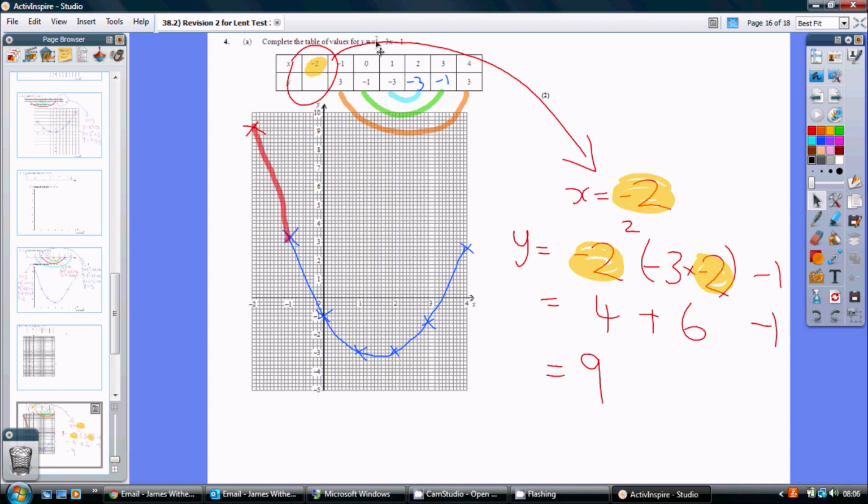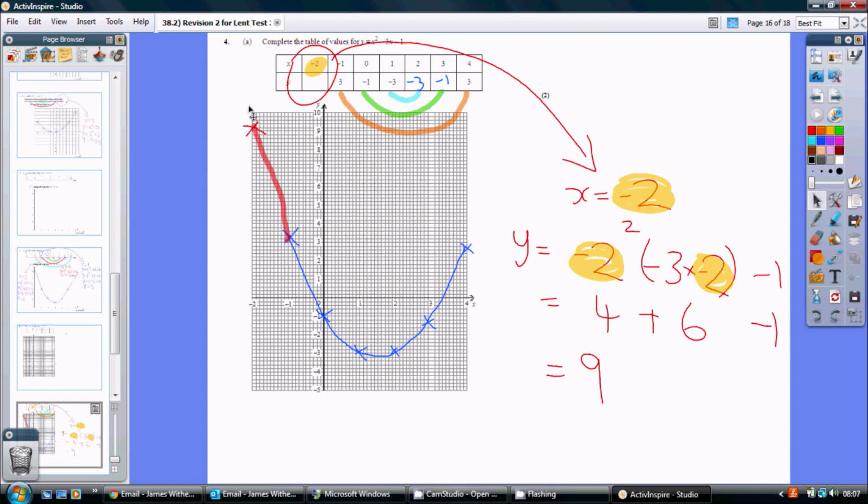So you've got to do what's called protecting the minus. You've got to make sure you put the minus 2 into a bracket before you square. So minus 2 squared is plus 4, minus 3 times minus 2 is plus 6, and then we're taking away the 1 on the end. So 4 plus 6, take away 1 is 9.